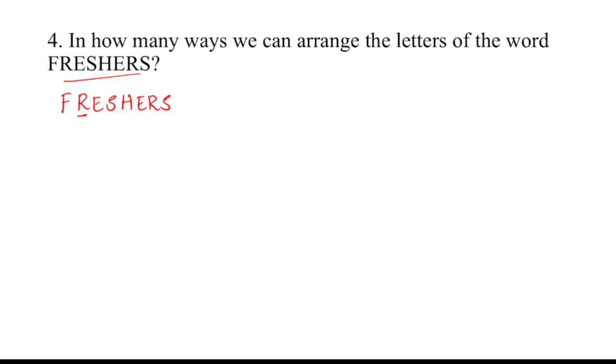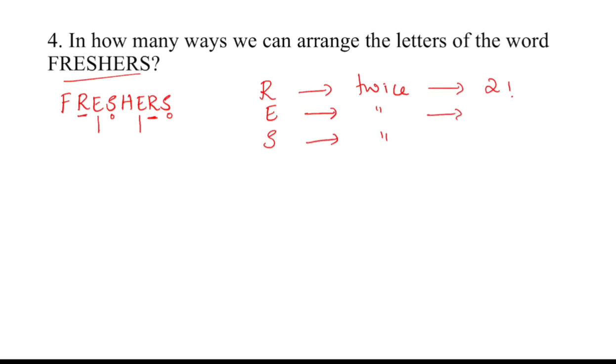R is repeating twice, and E is also repeating twice, and S is also repeating twice, isn't it? Therefore, divide the resultant factorial by 2 factorial into 2 factorial into 2 factorial.